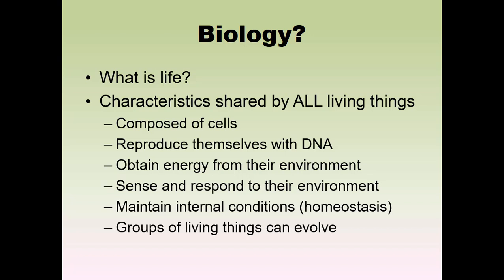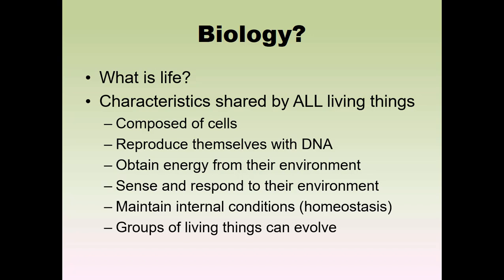Living things can evolve. So as populations, living things evolve. So they change from one generation to the next. Individuals cannot evolve because you cannot selectively change your DNA over your lifetime. However, populations can evolve.